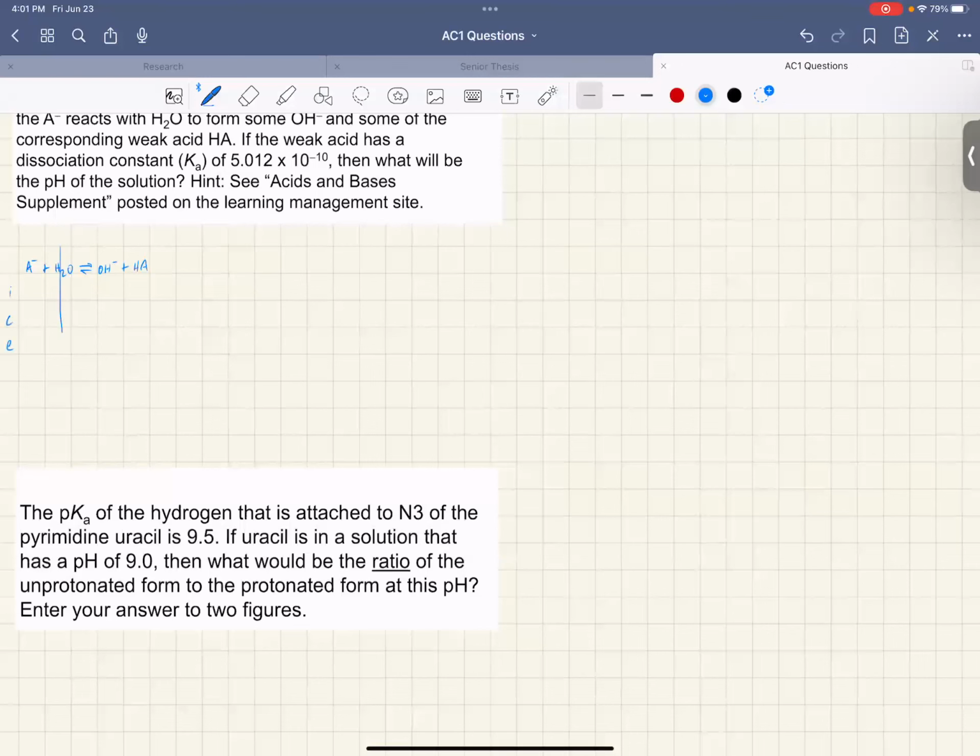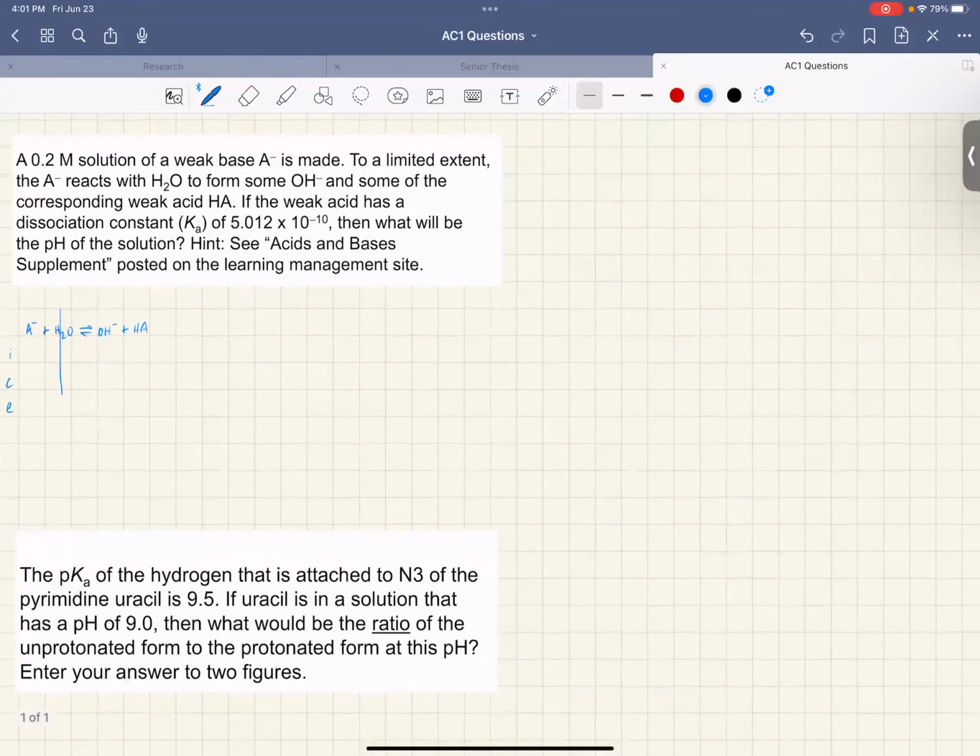So we're starting with 0.2 moles or 0.2 molar, and we'll have 0 of these initially. Our change is going to be, we're losing the initial and we'll be adding that same amount here. So our equilibrium will be 0.2 minus x, x, and x.